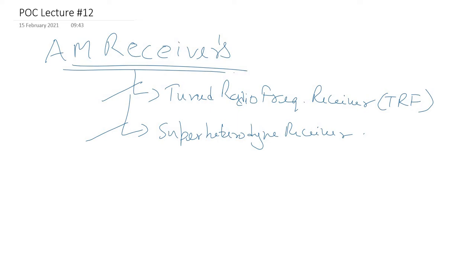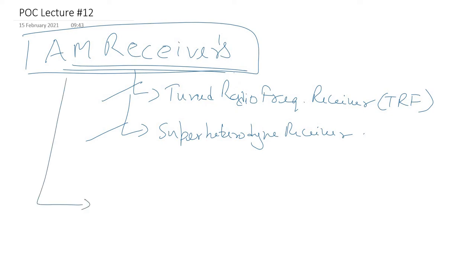When we're talking about AM receivers, or any communication receiver for that matter, the two most important characteristics that should be fulfilled by any communication receiver are selectivity and sensitivity.